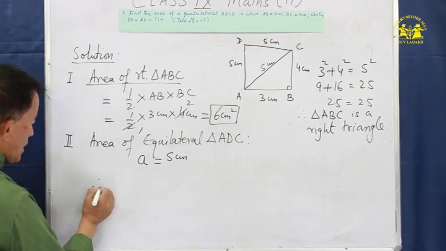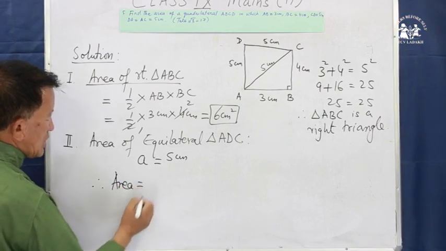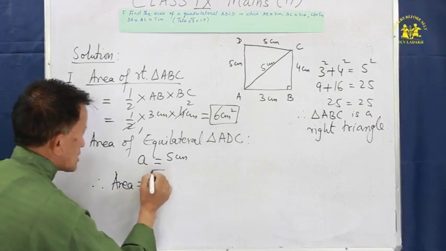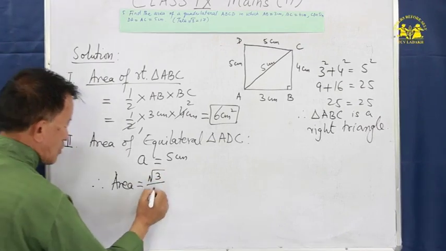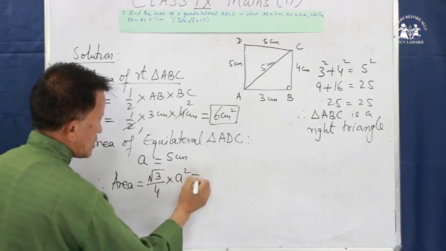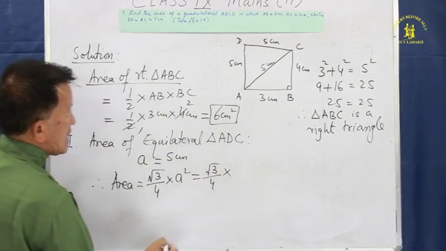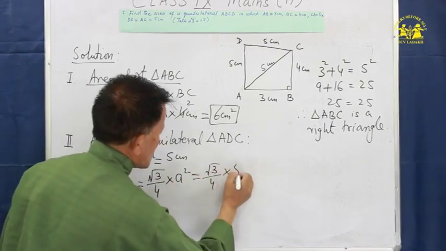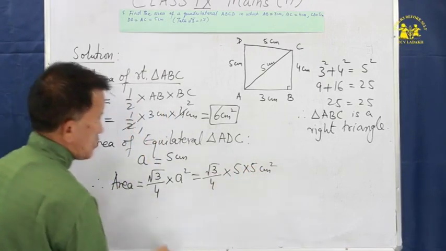So therefore the area of this triangle, it's an equilateral triangle, so the area is equal to square root of 3 upon 4 into a squared, which is equal to square root of 3 upon 4 into 5 into 5 square centimeter.